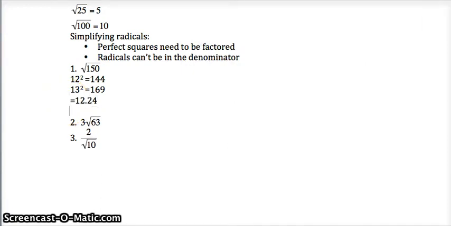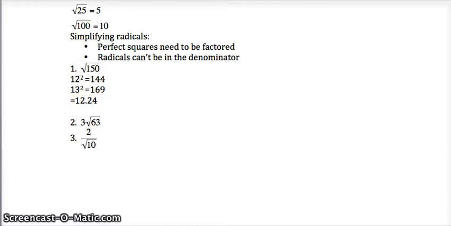But for some algebra classes, it's useful to actually simplify or express in simplest form what this square root of 150 is. And to do that, you need to factor out perfect squares. So you look for a perfect square that's a factor of 150. And you should be able to tell by working it out a little bit that 25 is a factor of 150.